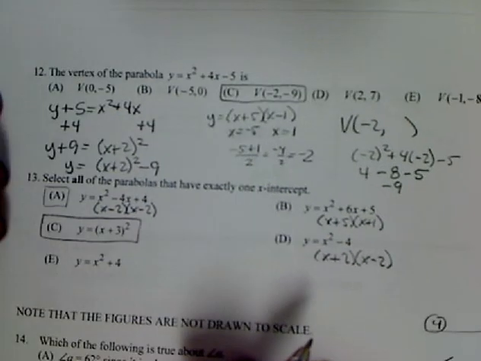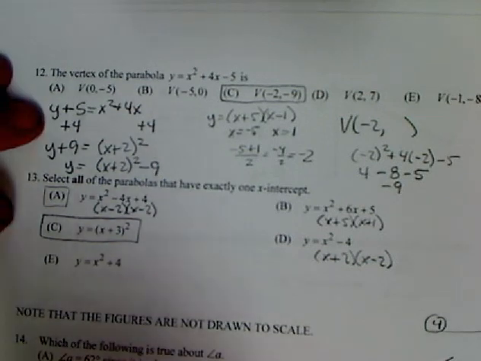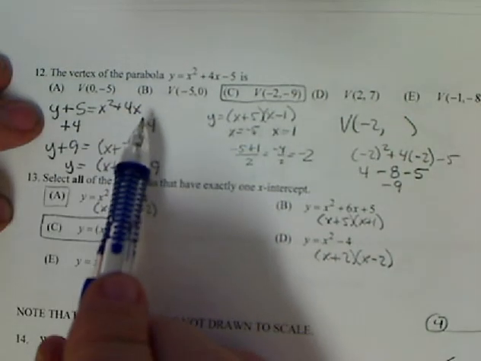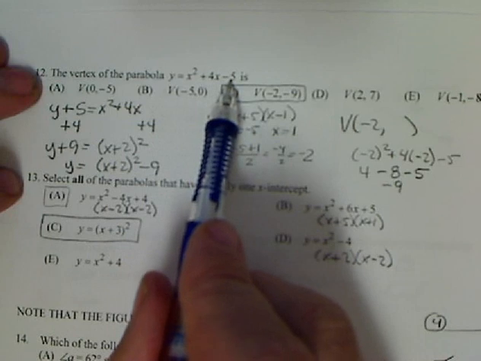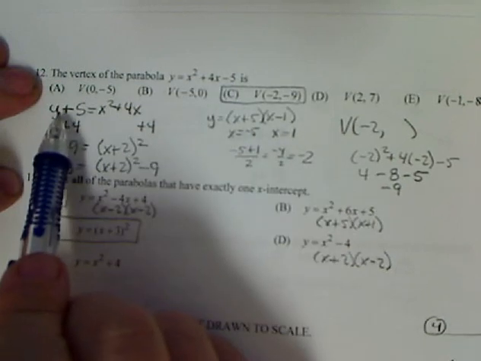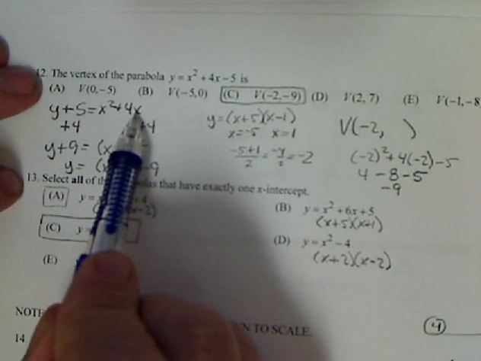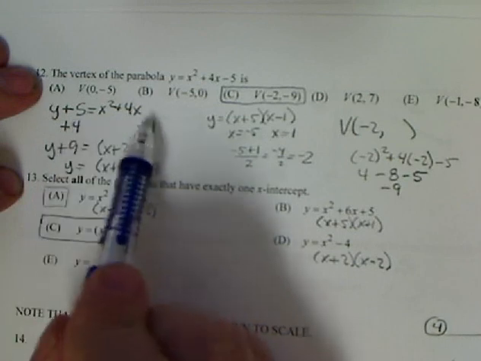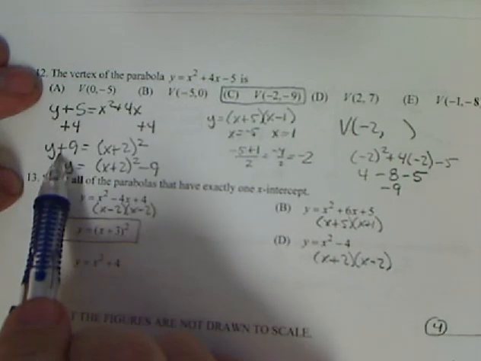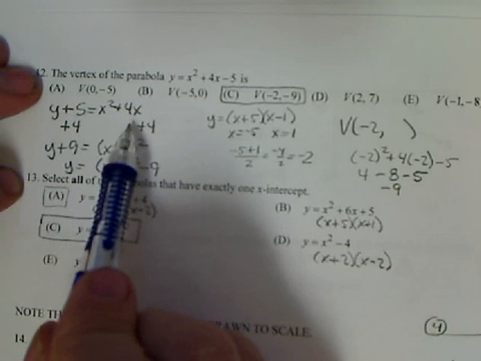When we go to find the vertex, there's two different ways you can actually do this problem. I could do it by completing the square, which we just did a little while ago. First, if I'm going to complete the square, I'm going to add 5 to the other side. So I have y plus 5 equals x squared plus 4x. Take half of 4 is 2, square it, add to both sides. So I added 4 to both sides. Get y plus 9. This will factor to x plus 2 times x plus 2.